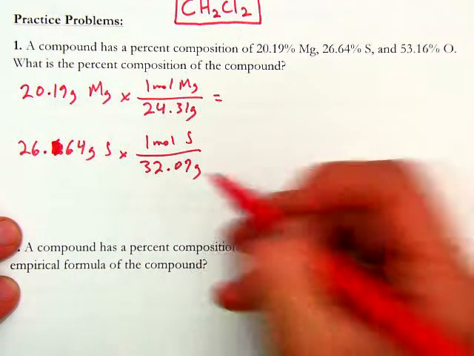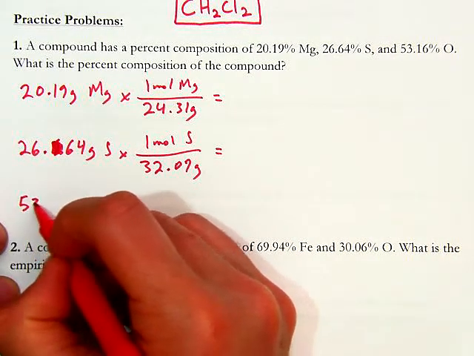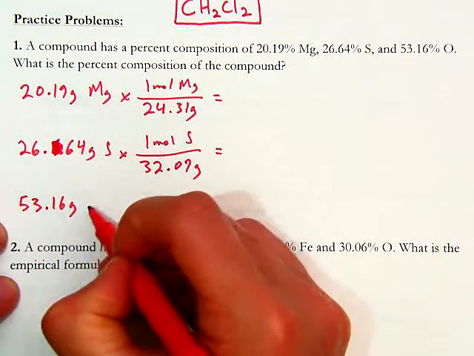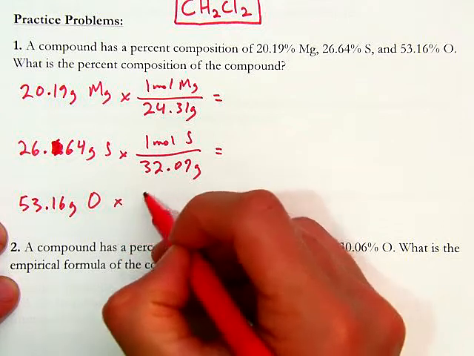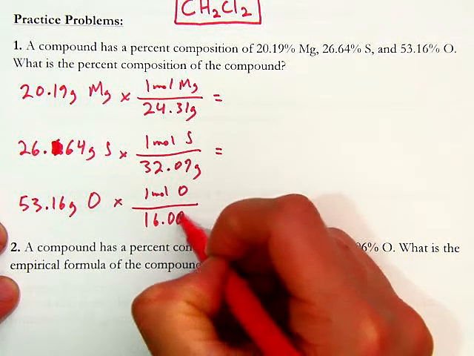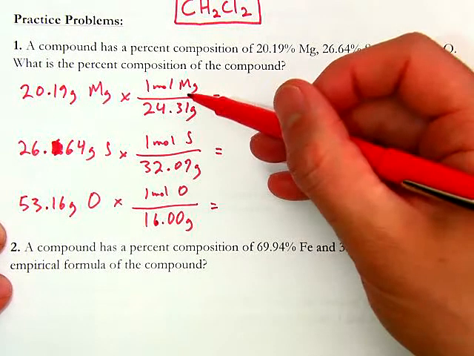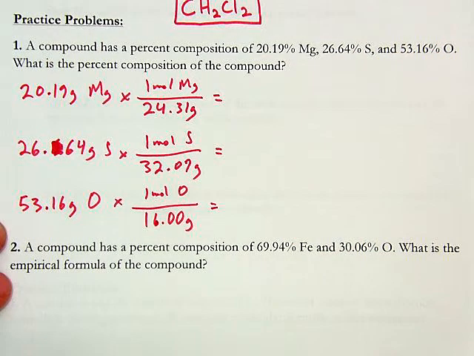Again, that's the molar mass of sulfur, looking on the periodic table. And then I have 53.16 grams of oxygen. 1 mole of oxygen is 16 grams. So for each of these, I'm just dividing by the molar mass of that element on the periodic table.